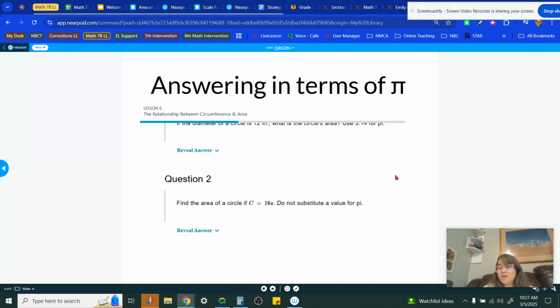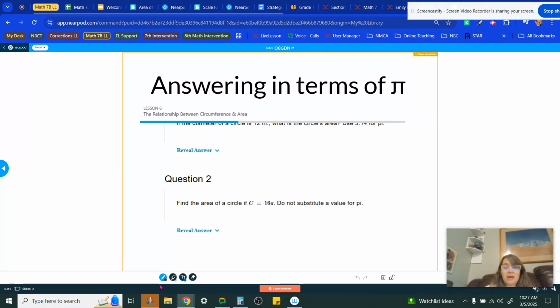Okay, answering in terms of pi. This is kind of fancy, guys. You're going to need this in 10th grade. Okay, find the area of a circle if the circumference is 16 pi. Okay, you guys, I'm going to need to find the area, but what I know here is the circumference.